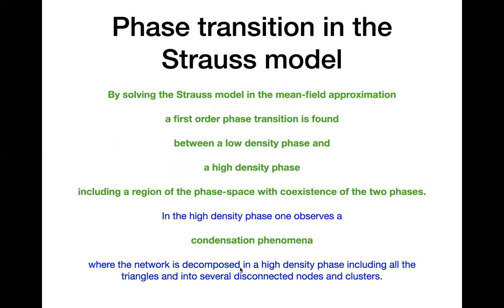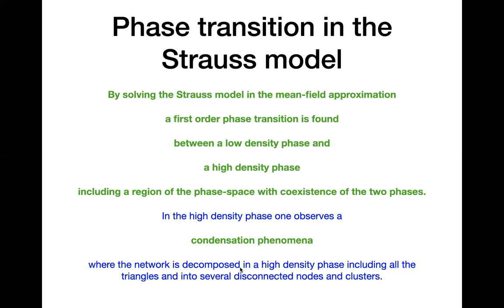And most relevantly, this model displays quite a particular phenomenon, which is a condensation phenomenon, meaning that in the high density phase, you observe the network decompose into 2 parts. In one part, you have a very high density phase with a lot of triangles because you have a large clique, and then you have many disconnected nodes.